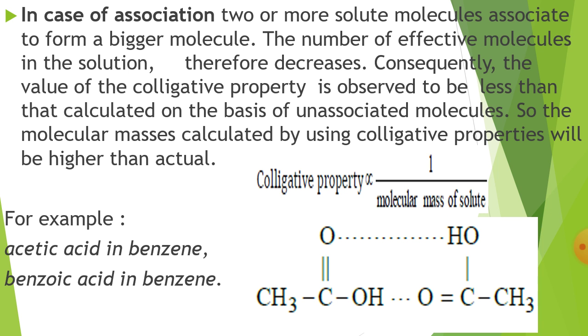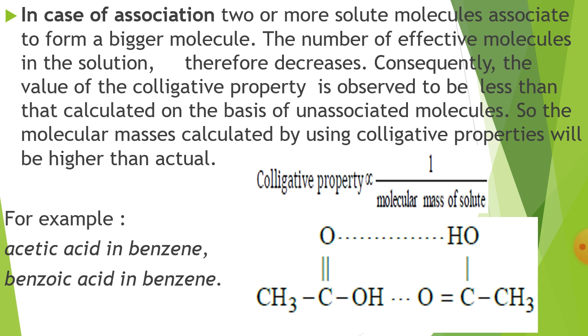But molar mass is inversely proportional to colligative properties. That's why the more the colligative properties, the less will be the molar mass, and the less the colligative properties, the more will be the molar mass. So here the number of effective molecules in the solution therefore decreases.